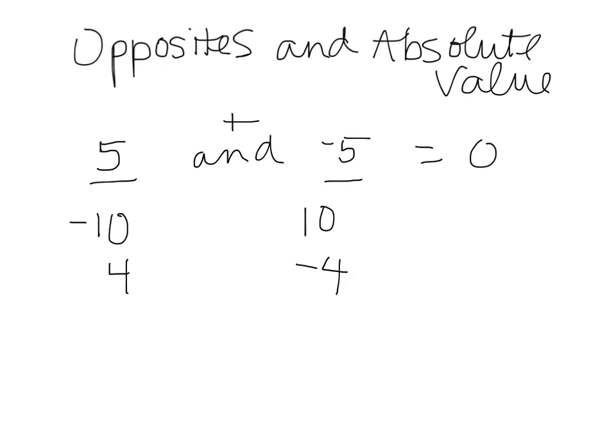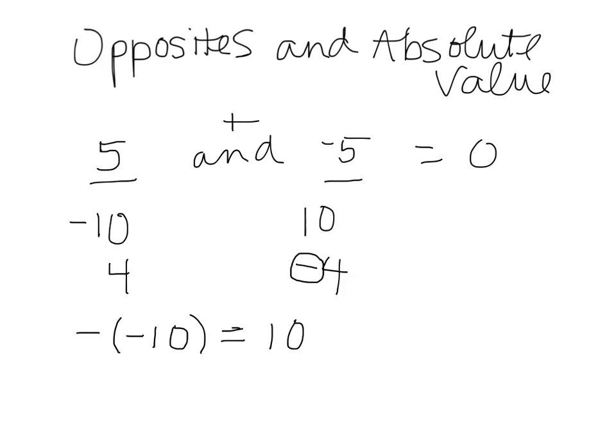Those are all opposites. In fact, whenever we see a negative sign, it's just as accurate to say, instead of -4, the opposite of 4. And that comes in handy in situations like this. If I want to read the opposite of -10, it makes sense that the opposite of -10 is +10.